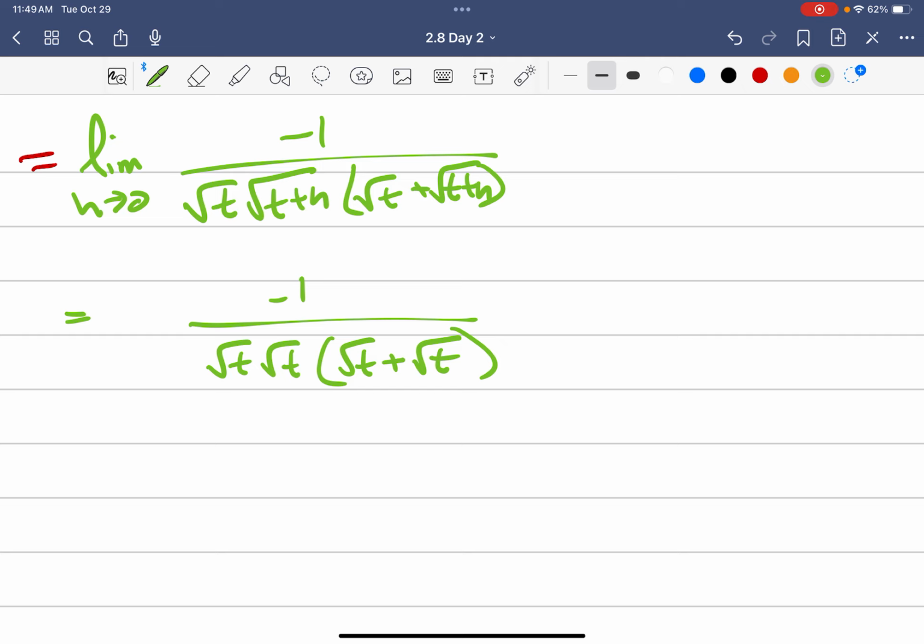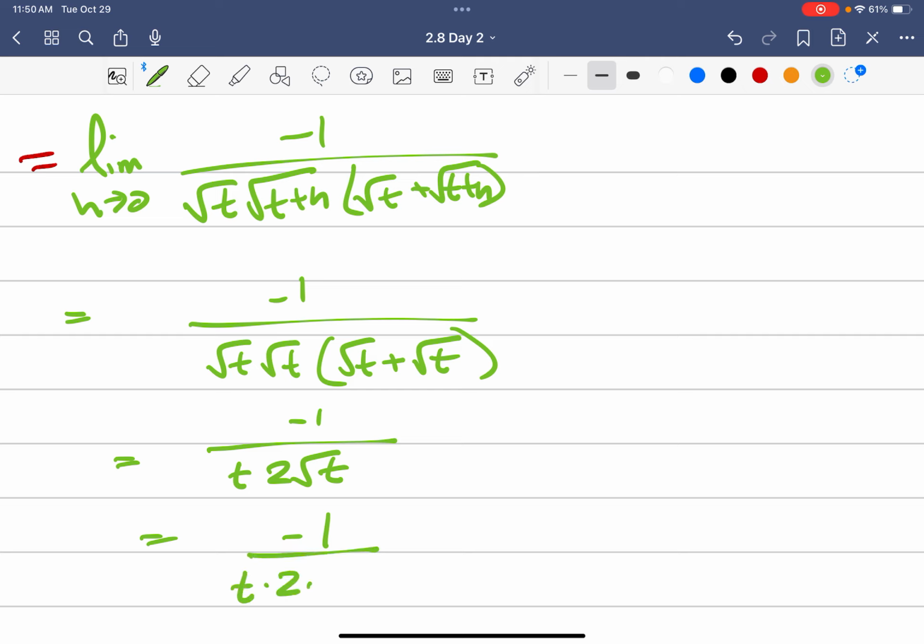Okay, so what is that going to give me? That's going to give me negative 1 over t times 2 root t, right? What does that really mean?